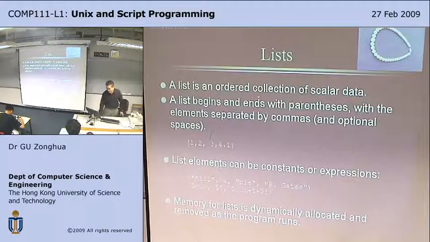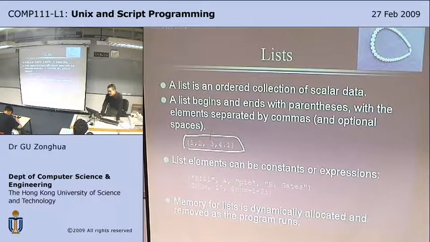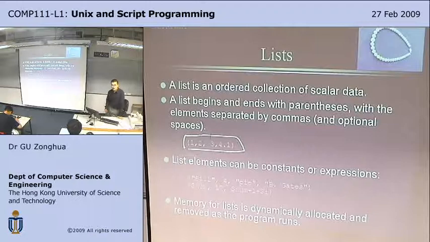That is, different orders lead to different lists. It begins and ends with parentheses, with elements separated by commas. So this guy is a list with 4 elements: 1, 2, 3, and 4.1.